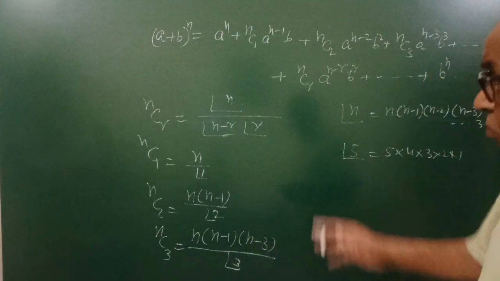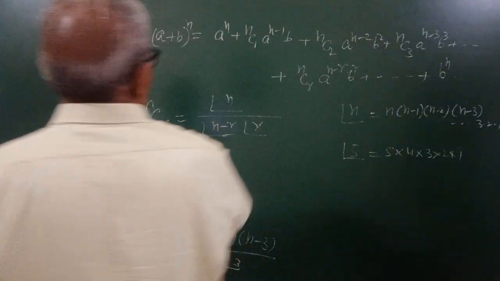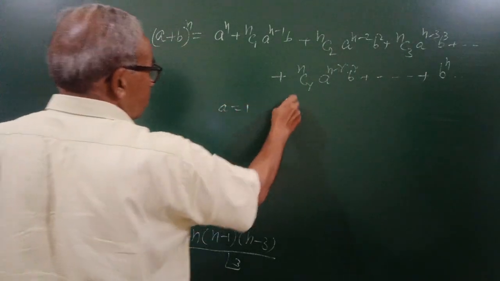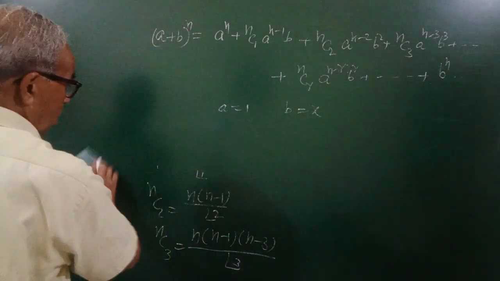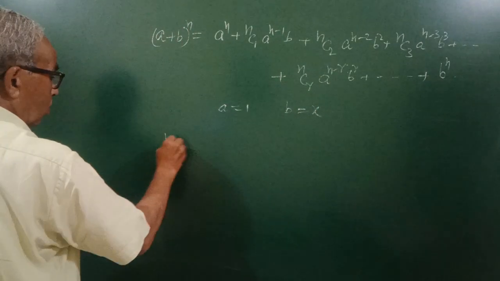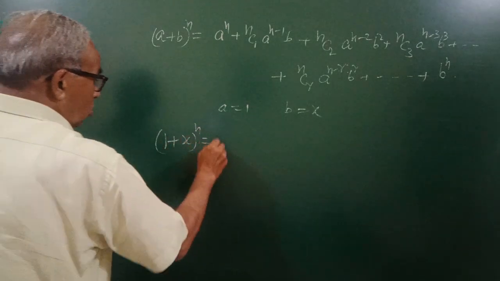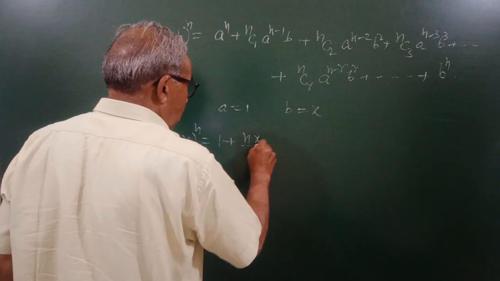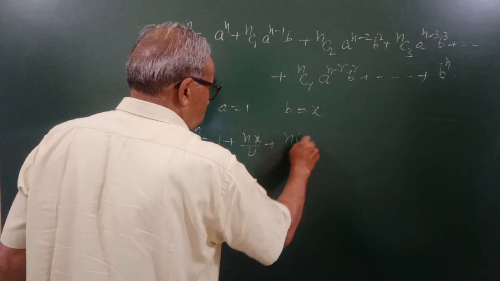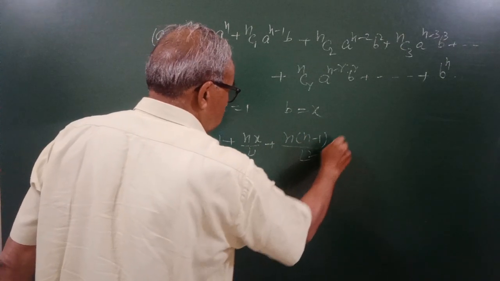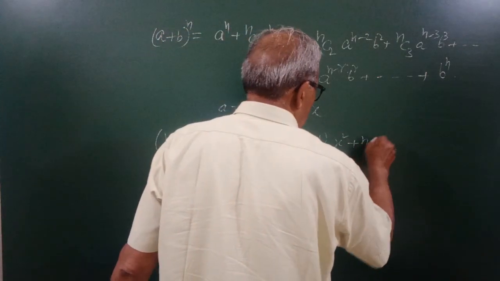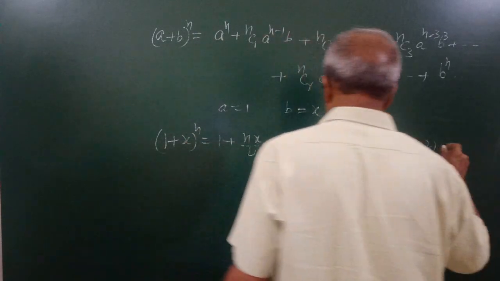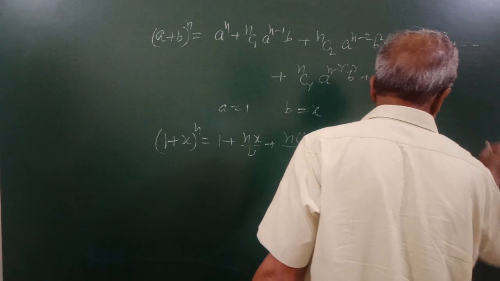And before my purpose there, if here I write a equal to 1 and b equal to x, then it becomes (1 plus x) to the power n equal to 1 to the power n, 1 plus nx upon factorial 1 plus n into n minus 1 upon factorial 2 x square plus n into n minus 1 into n minus 2 upon factorial 3 x cube and so on.